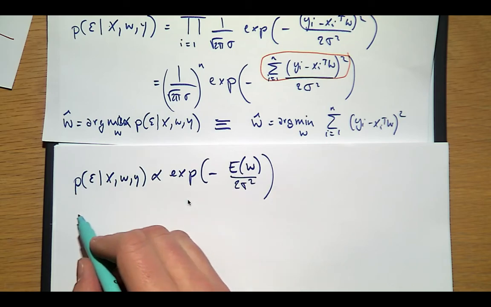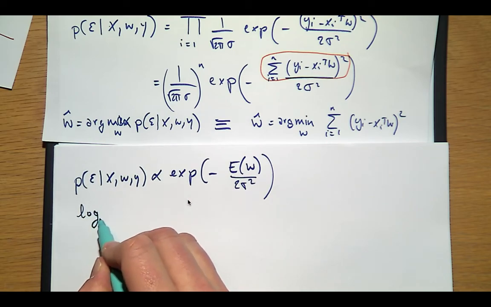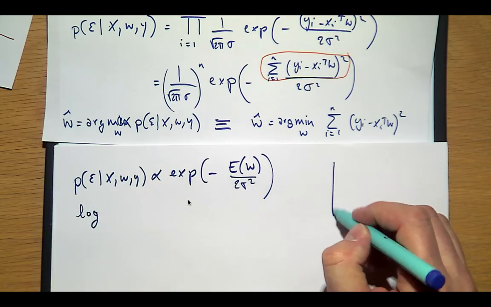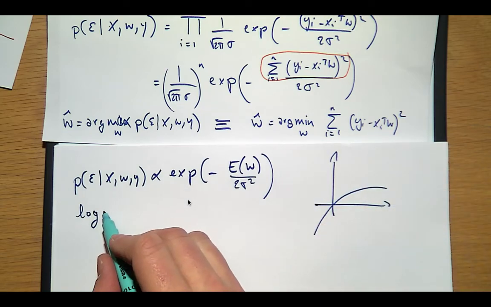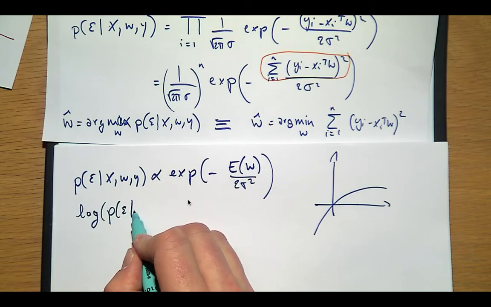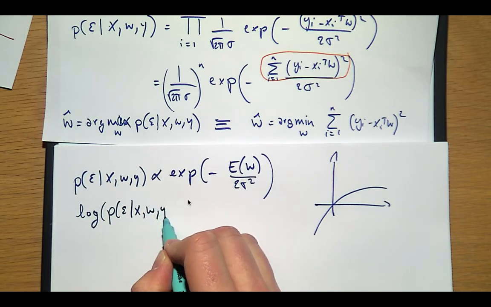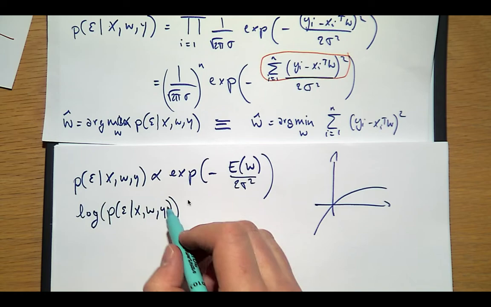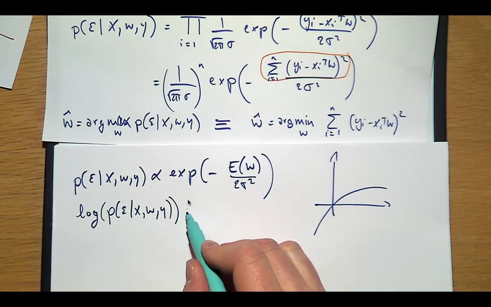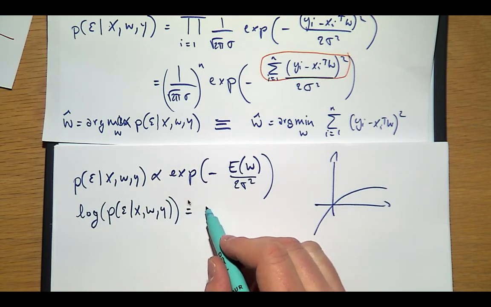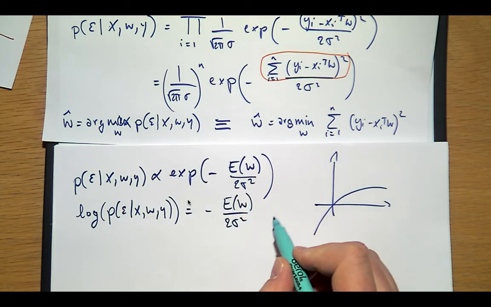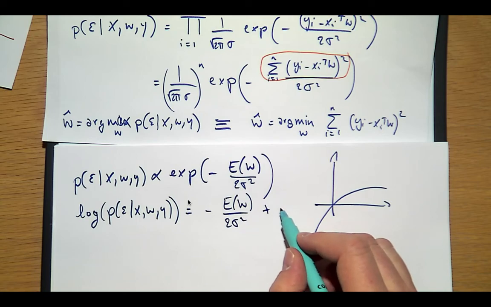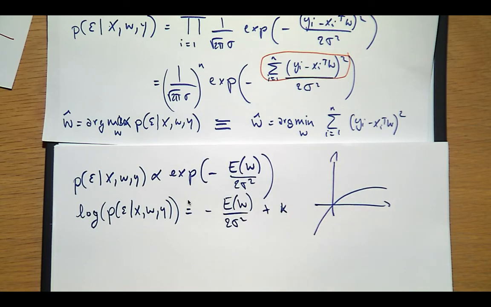you can apply the log, okay? So if you apply the log, the log is a monotonic function, so it doesn't change the order in which you do things. So if you take the log of your likelihood, that's equal to this, plus some constant here.